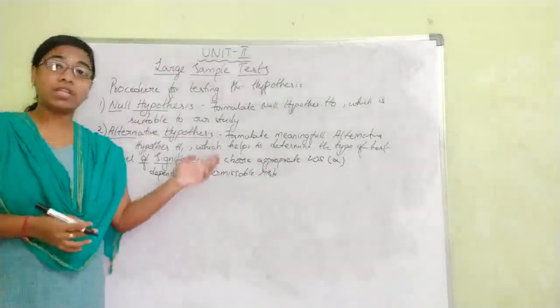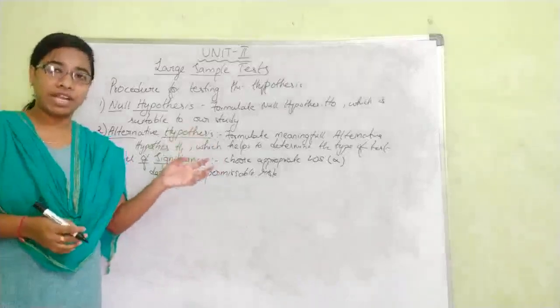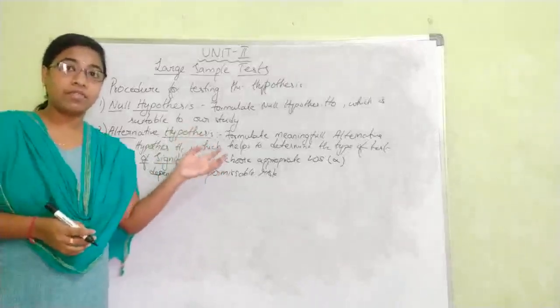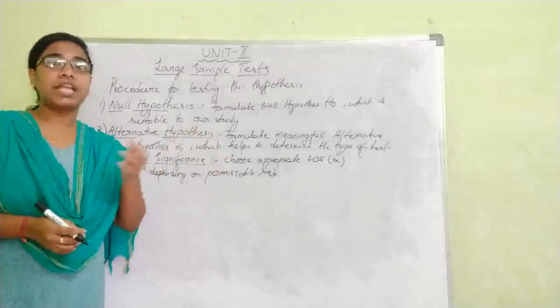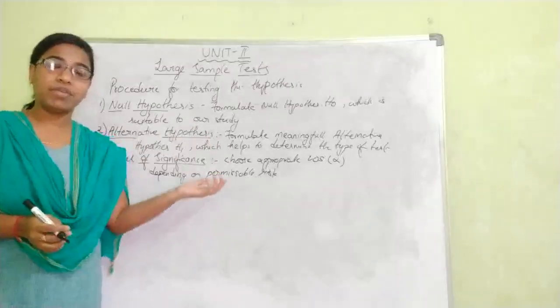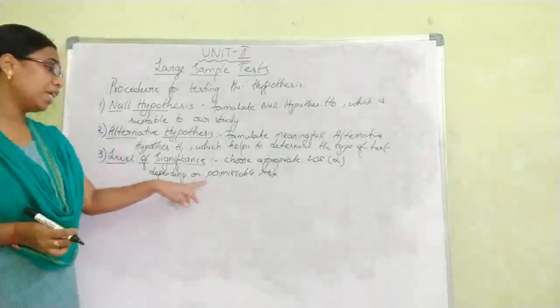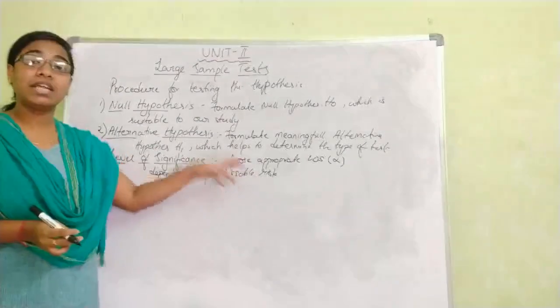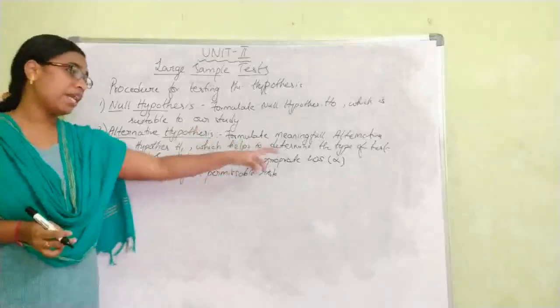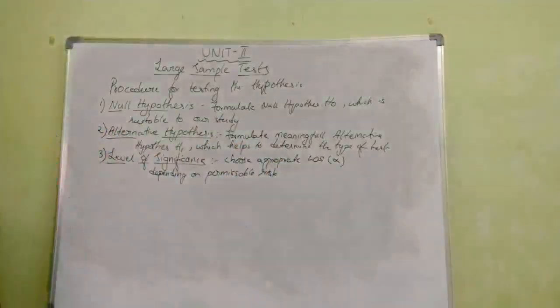So depending on which kind of data it is: if it is clinical related, we choose 1%. If it is products and manufacturing, we can choose 5% also, 10% also, there is no problem. So what amount of risk is permitted, in that only we have to choose our level of significance, that is alpha.